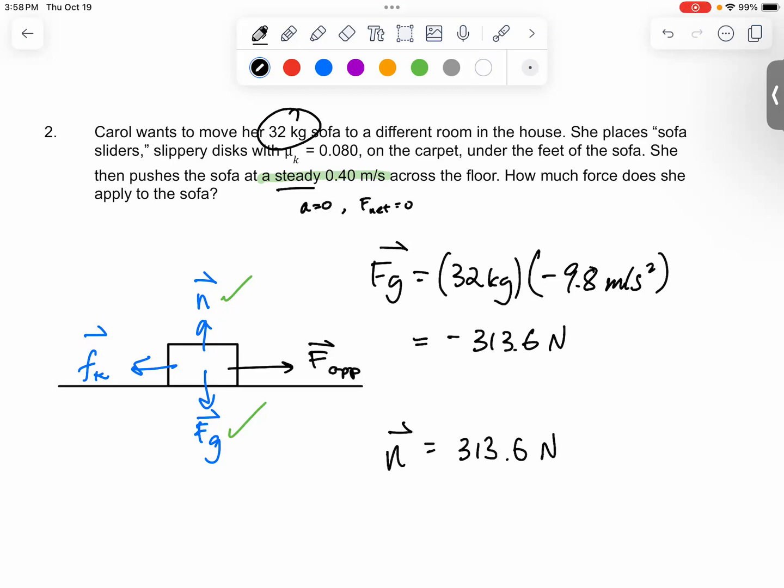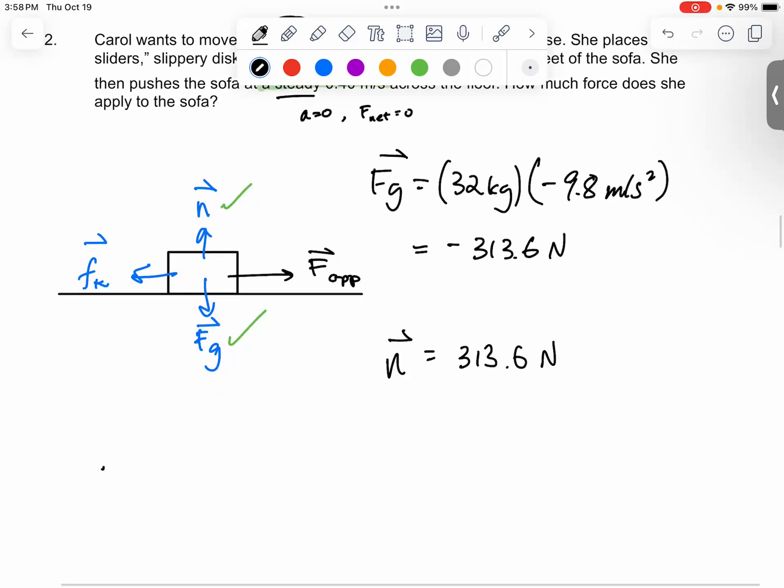Now, one thing that I really want you to realize is that you should be aware of the formula that we were talking about from question number one, which is the frictional force. It's equal to mu times the normal force. We've got the mu, we've got the normal. That means we can tell the friction.